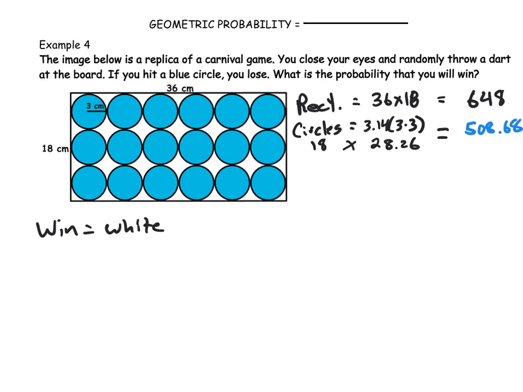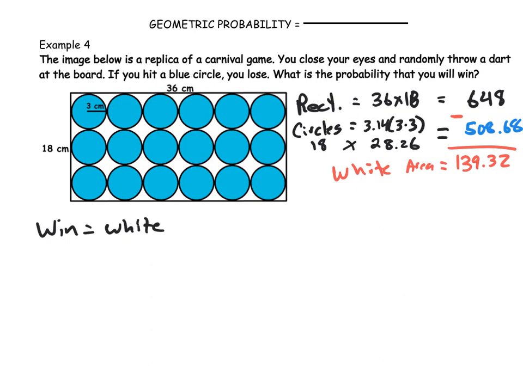So I'm going to subtract those two numbers to figure out the white area, because the white area is where I win. So if I take 648 minus the 508.68, the area of my white spots is 139.32. So my winning spots are the white, it's 139.32.